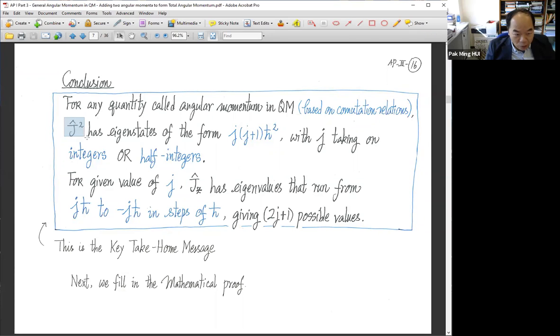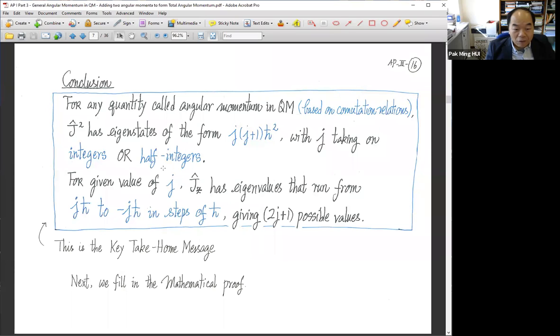The magnitude square of any angular momentum must take on this form. And the quantum number J regarding the magnitude square can only take on two types of values, integer or half integer, not anything else.